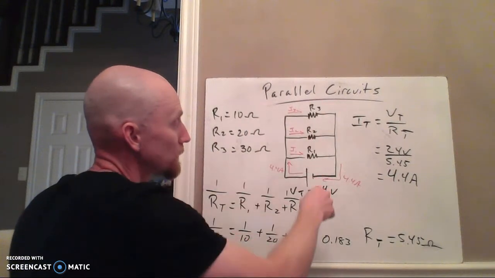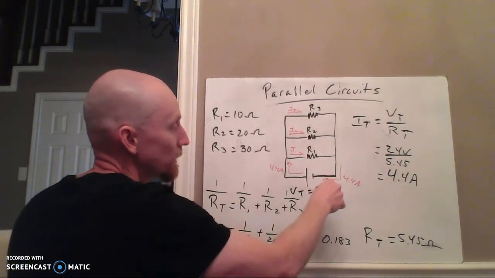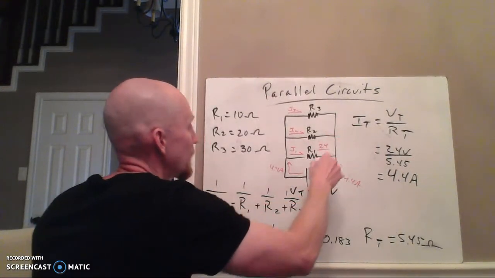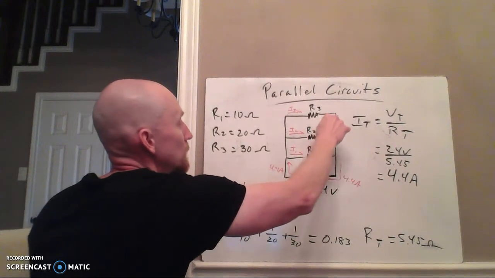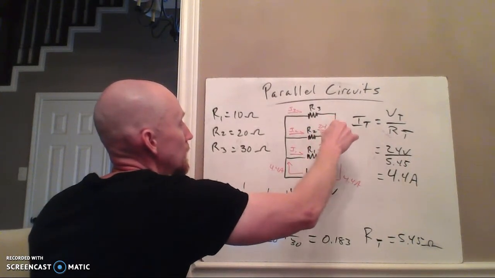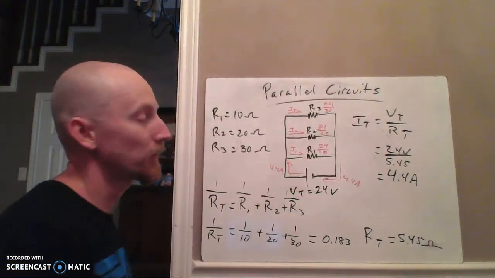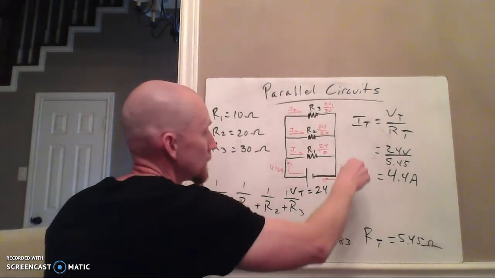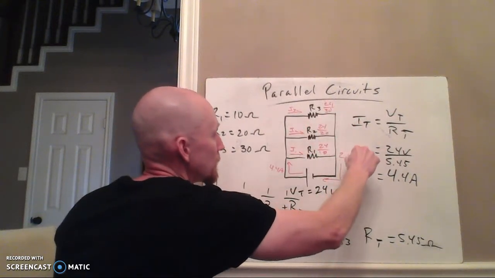For each branch, total voltage is the same. It's 24 volts. So for this first branch, I would do 24 divided by this R, which is 10. For this branch, I would do 24 divided by 20. For this branch, 24 divided by 30. And that would give me all of my little currents. I have 3 currents. So I get 2.4 here.